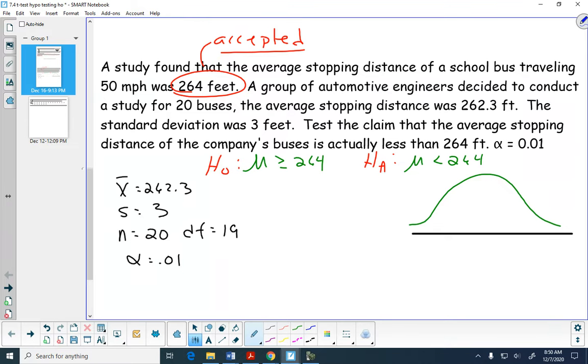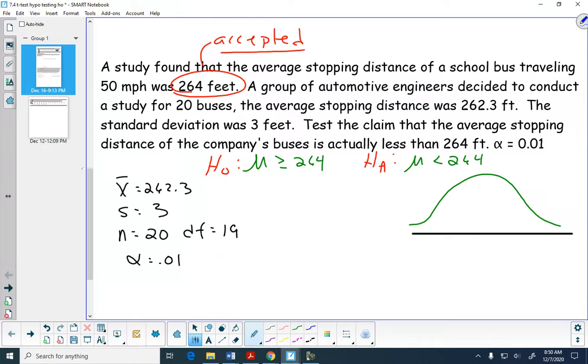Tyler Nussbaum, would this be a one-tail or two-tail test? One-tail test, would it be left or right? Look at your alternate hypothesis. Which direction is your alternate hypothesis showing?